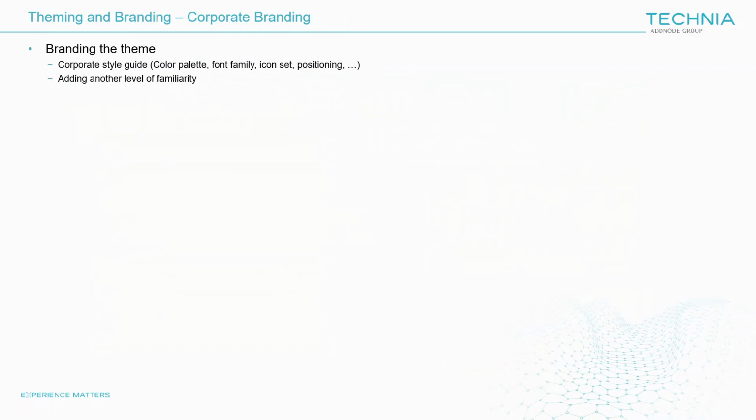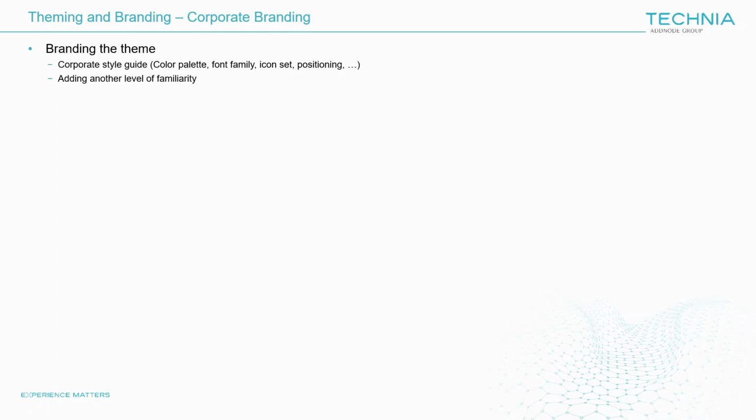So more things on theming and branding. If you as a company have a corporate style guide, which is becoming quite common nowadays, then maybe you have defined what are your primary and secondary colors in a palette, what's the font family that is to be used, maybe even the size of that in pixels and whether it should be bold or italic in certain cases and so on.